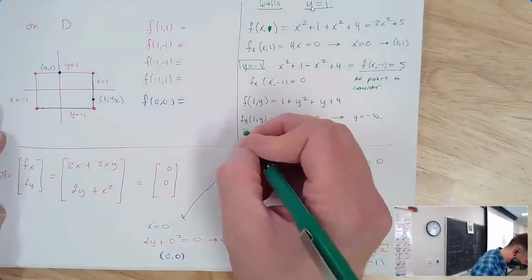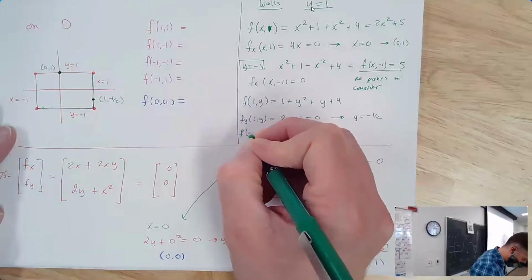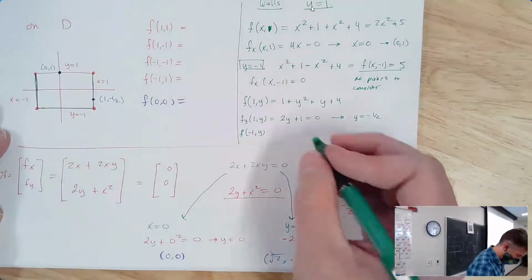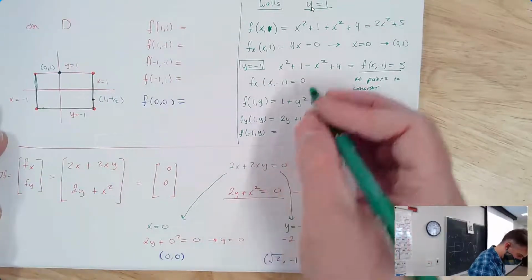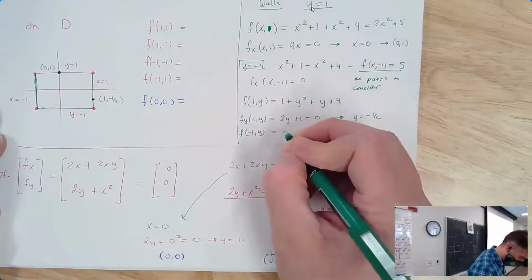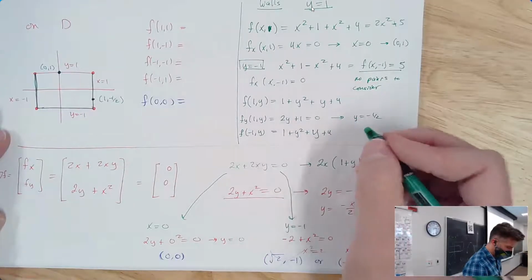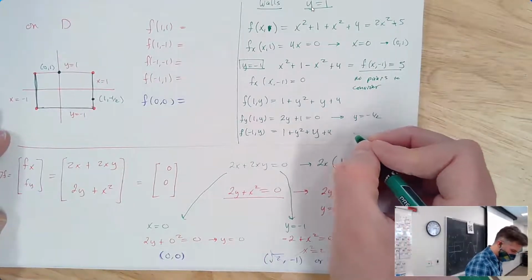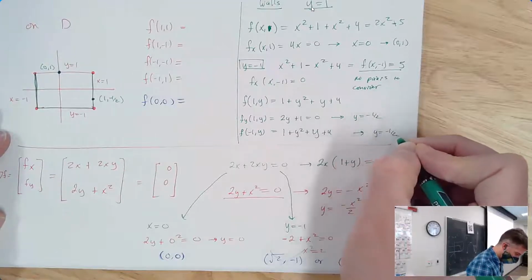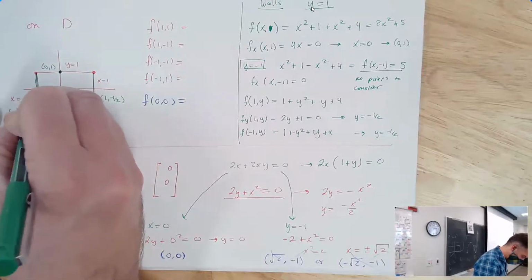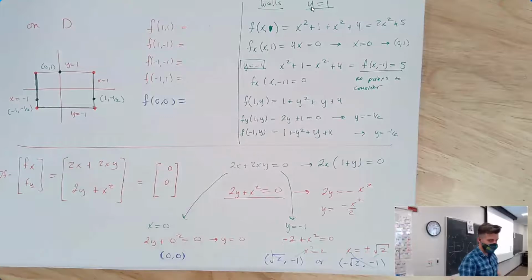And then finally, the last one, we're going to look at f of -1 comma y along x equals -1. We're going to get the same thing actually: 1 plus y squared plus 1 times y plus 4. And we already know that when we take the partial and set it equal to 0, we're going to end up getting y equal to -1/2. So -1, -1/2 is also a critical point, at least for a wall. It's a lot of work. I don't envy you.